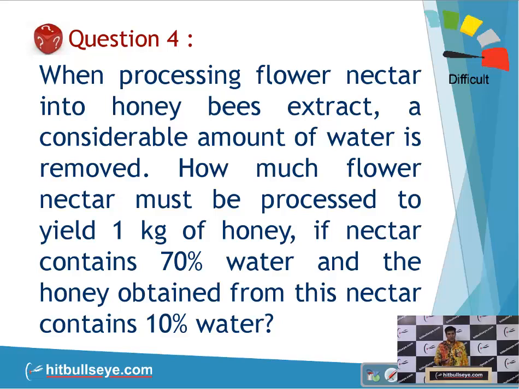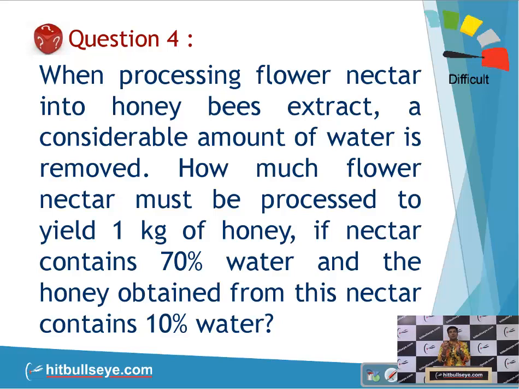Now in the next question, when processing flower nectar into honeybee extract, a considerable amount of water is removed. Now how much flower nectar must be processed to yield 1 kg of honey, which is the final amount we need, if nectar contains 70% water and honey obtained from the nectar contains 10% water. Now here, as per the values, we need 1 kg of honey.